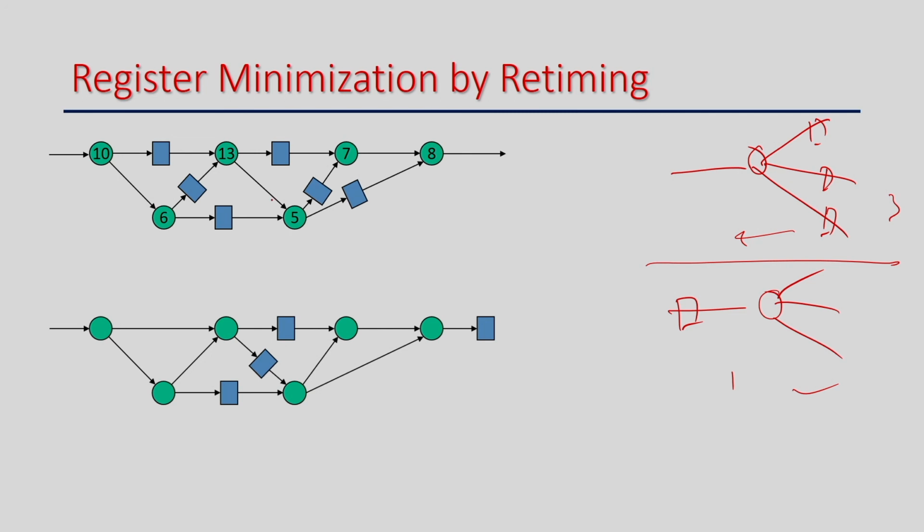For example, I have given an example here, suppose I have this case. I can take these 2 and move them here, so 1 register will be reduced, then I can take these 2 and move them here, right. So this is what is done here. Here I have 6 registers, here I have 4 registers, but both circuits are actually the same. Okay. So this again can be done using retiming.